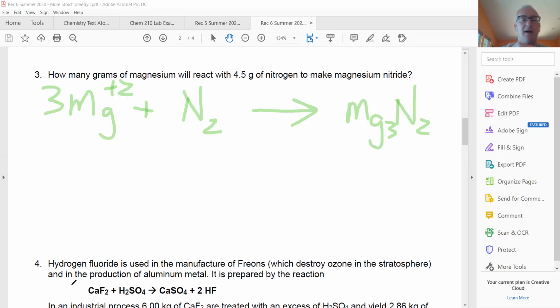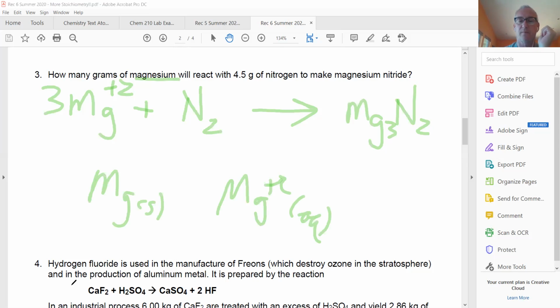It's not ionic here because it says magnesium. So when we think of magnesium, we think magnesium solid. If it said magnesium ion, that would be Mg2 plus aqueous. But it didn't say magnesium ion. So it's not that, it's this.